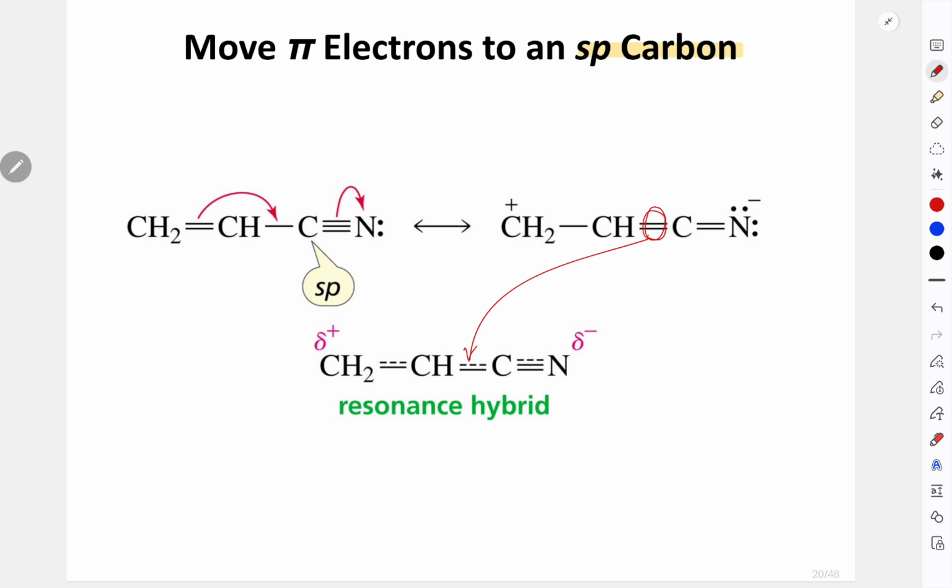You have a single bond from 1 and a double bond from 2. That's why you have the partial double bond. What about the bond between carbon and nitrogen? You have a triple bond from contributor 1 and a double bond from contributor 2. So mixing these two, you will have a bond order in between double and triple between carbon and nitrogen. That's how you can designate the bonding nature.